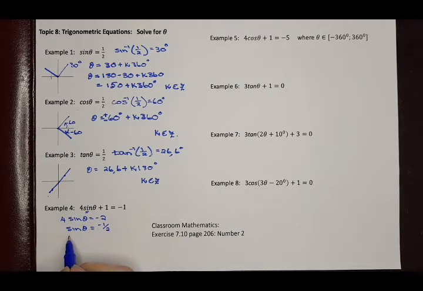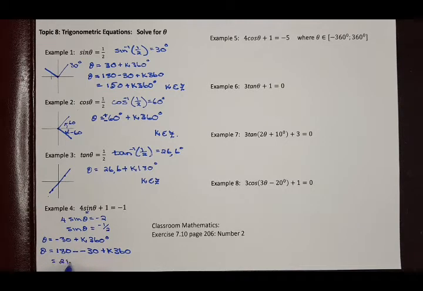So when we work out arc sine of minus a half, we're going to get negative 30 degrees. So our solution to this equation is going to be minus 30 plus k 360, or our theta value is going to be 180 degrees minus minus 30 plus k 360.